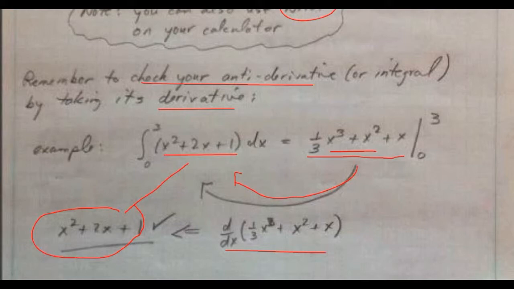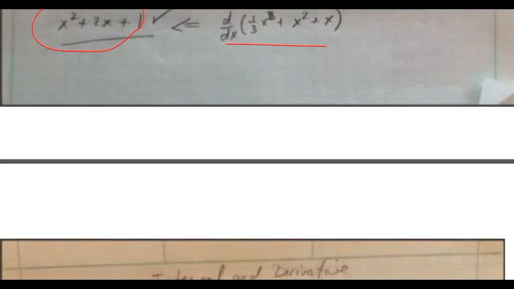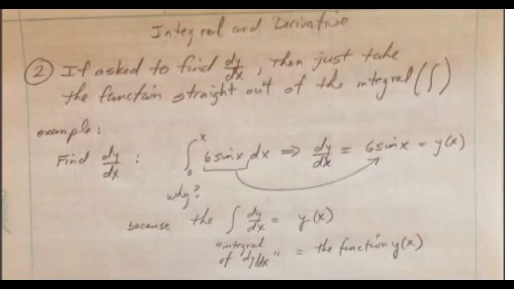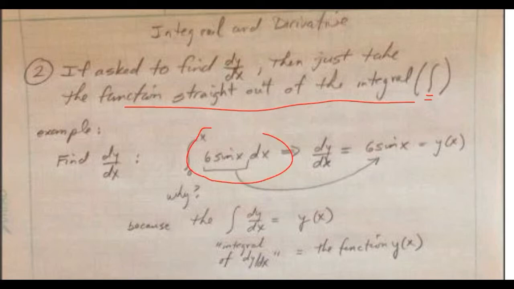So we asked a lot of questions about that. What if he was asking find dy dx? Then it's easy. You just take the function straight out of the integral sign. For example, find dy dx of this expression here. It's in the integral, so this is the derivative right here.